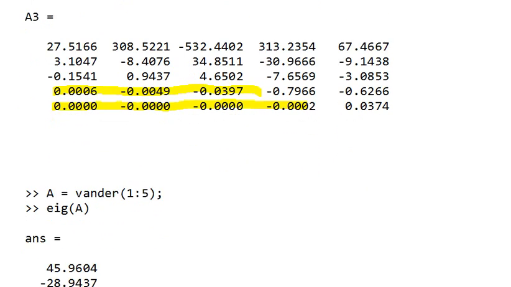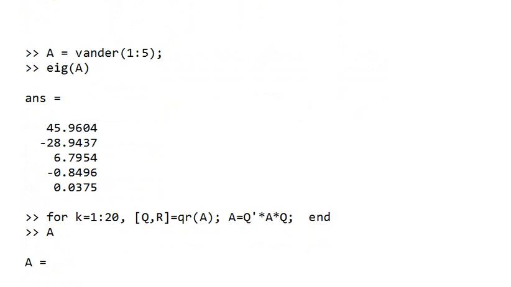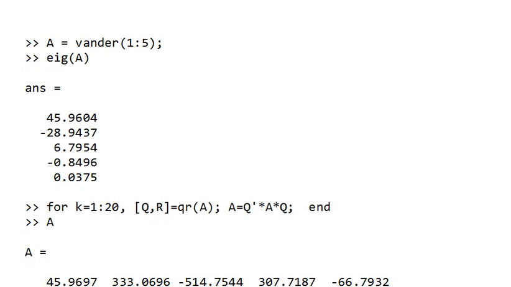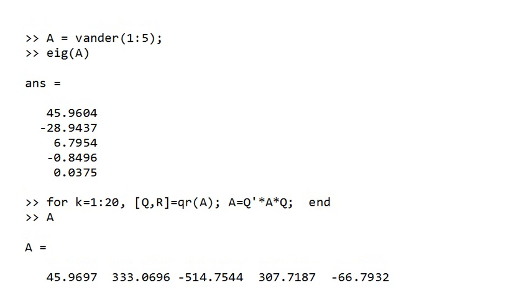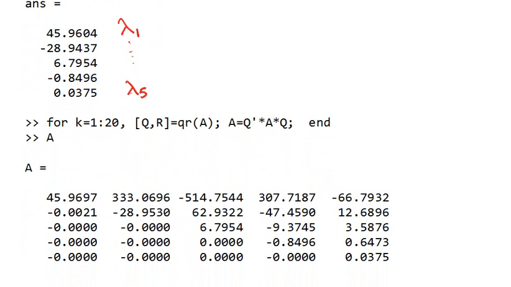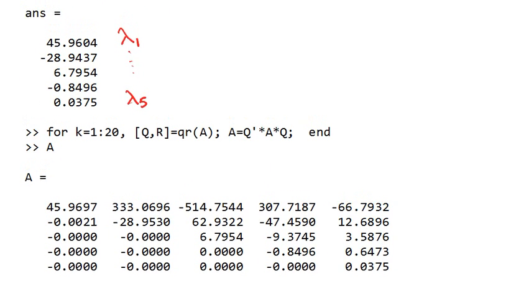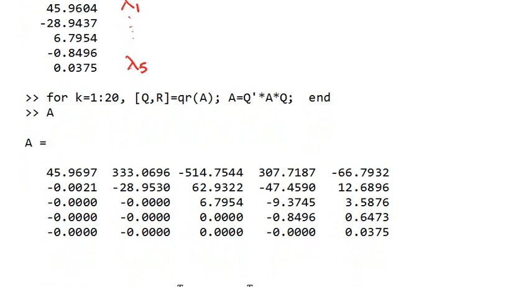And in fact, we can take this idea out further. So here are the actual eigenvalues of this matrix, lambda 1 to lambda 5, just for reference. Then, we're starting over with A. Now we're just going to do the QR factorization, and we're not going to number the A's. So, we start with A, we get A1, and then A1 becomes A2, and A2 becomes A3. Every time I'm just going to throw away the old A and keep the new one.